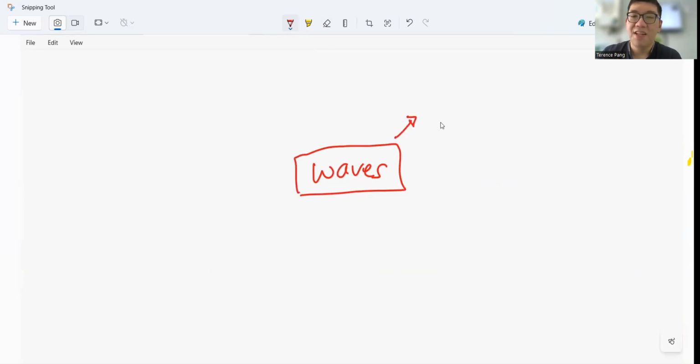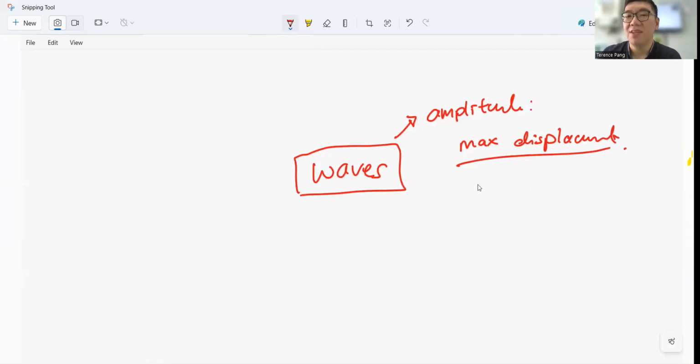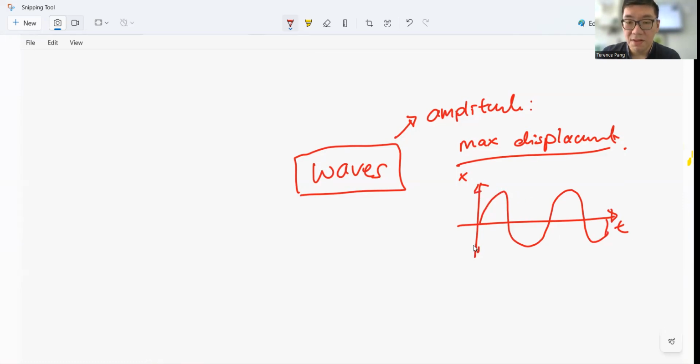Other basics like amplitude. What's the definition? Maximum. No, amplitude is the maximum displacement. Okay, so in terms of an x-t graph, a simple test. If the graph goes from negative A to A, what is the amplitude of this graph?